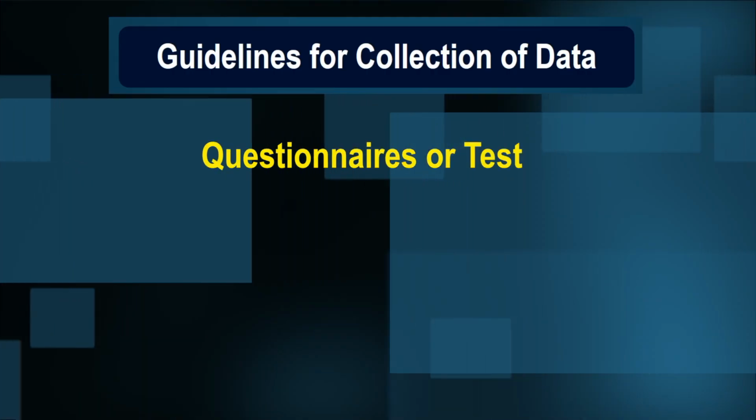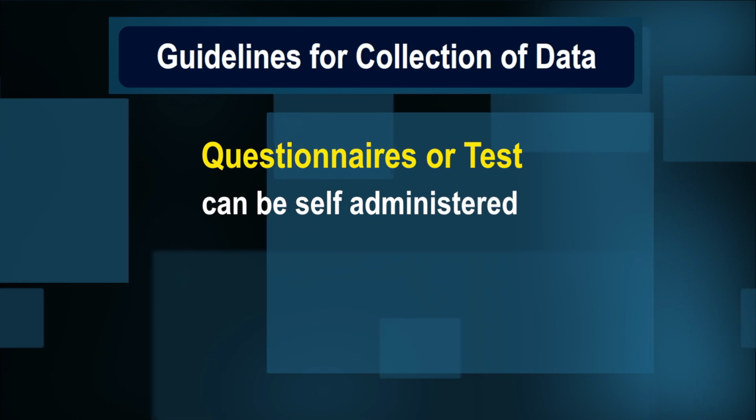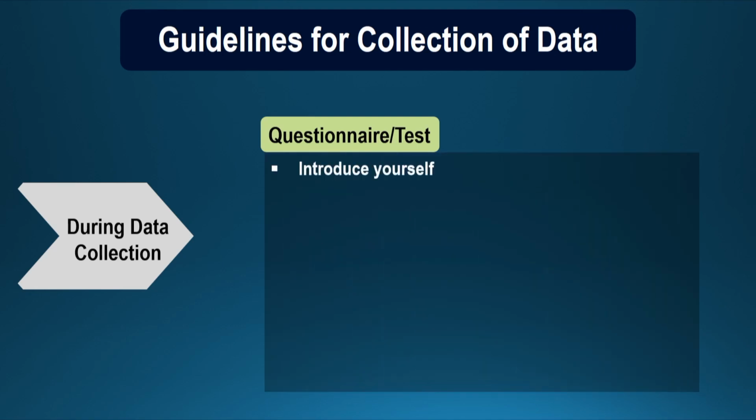Questionnaires or tests can be self-administered. So in that case, when a researcher goes and selects a sample and administers the test or provides the questionnaire to the respondents, then the researcher needs to introduce himself or herself to the respondents.